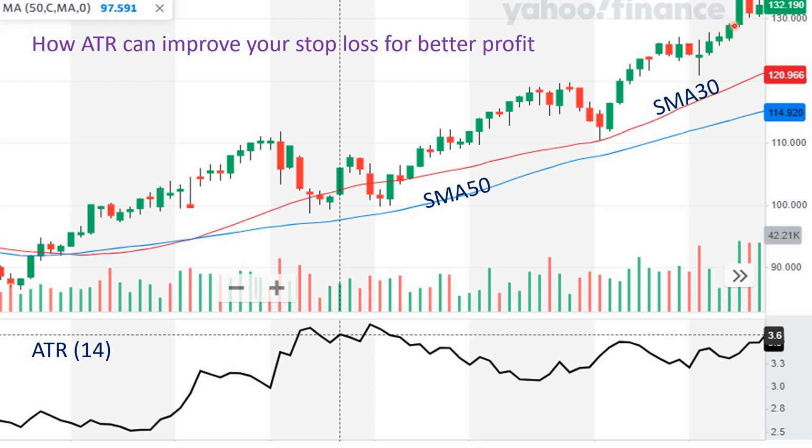The price around here is about $140, so I'm making very good money. Anytime the price heads downward, breaking this support, then I can exit the trade. So this is how I use the ATR value to put my stop loss for better profit.